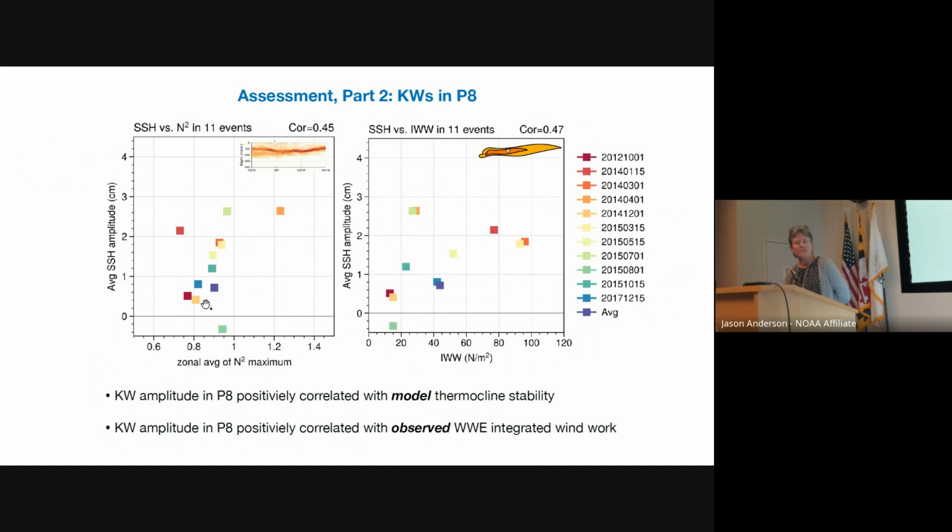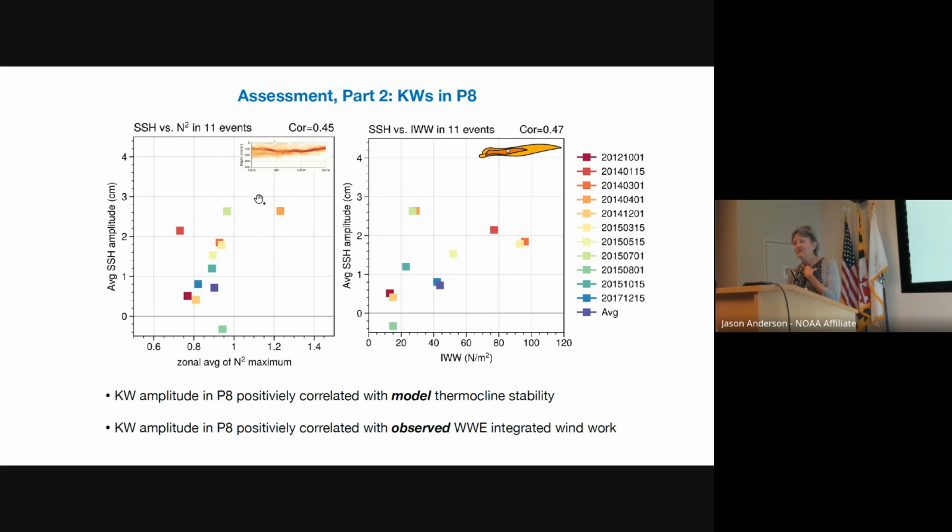So here we've taken the Kelvin wave amplitude for each of these 11 events, averaged along its wavefront, and correlated it to the mean stability of the thermocline for each individual wave event. For the 11 events analyzed, the correlation is about 0.45.